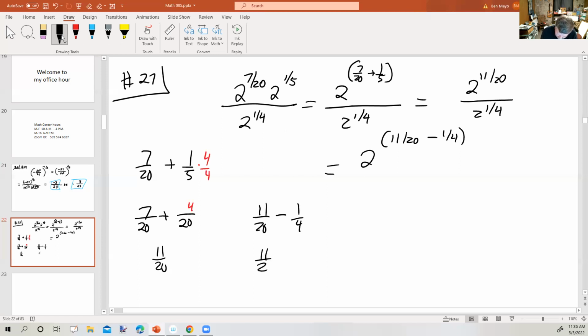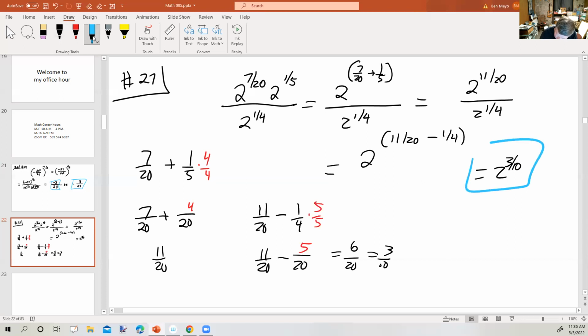Common denominator there would be 20. Going to multiply 1/4 by 5/5. So I get 11/20 minus 5/20, which is 6/20, which is 3/10. So we get 2 to the 3/10 power, and that's our final answer.